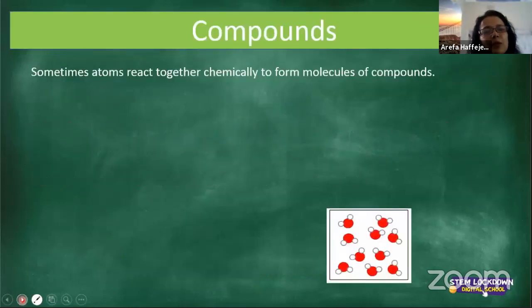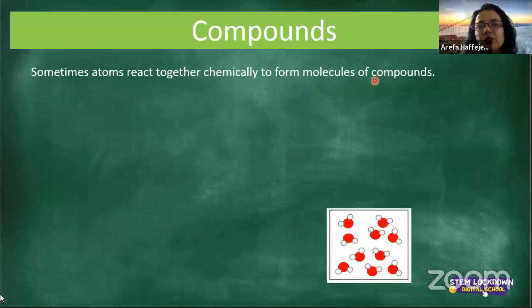So now we're going to move on to compounds, and we're going to say what compounds are. Now sometimes atoms react together chemically to form molecules or compounds. So when these elements or these molecules react together, they basically form compounds, right?